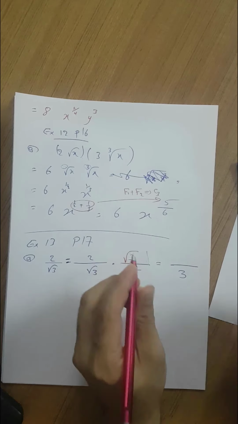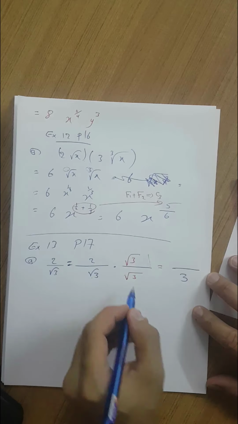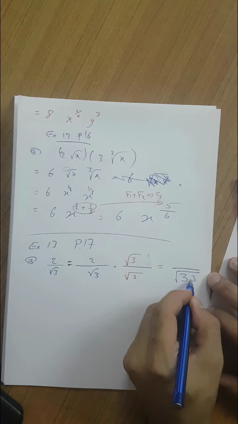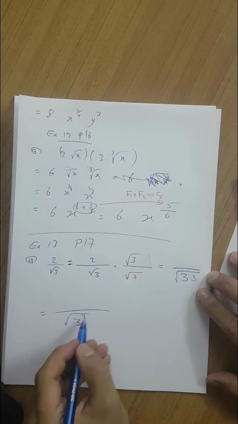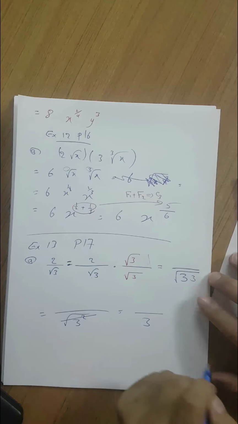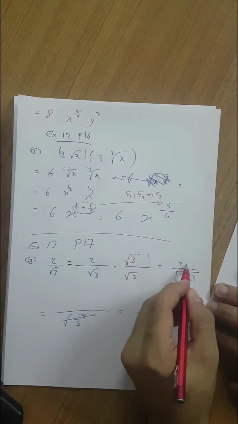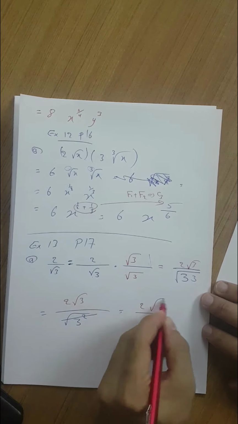Why? Because this one by that one will be 3 by 3, am I right? And I get 3 square root, and we eliminate the root, then we get 3. That's it. The denominator is rationalized, and the numerator remains the same.